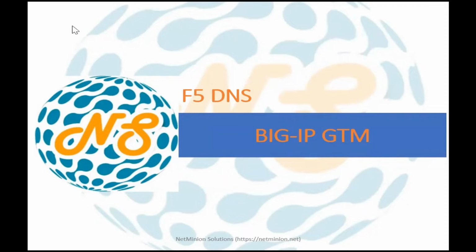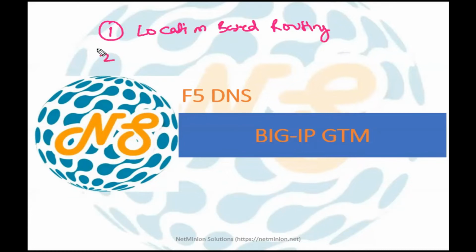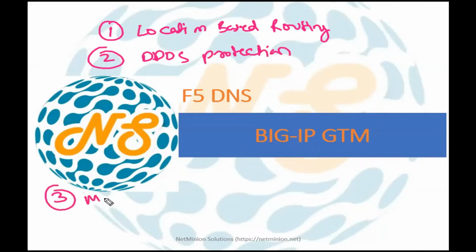So if I say FIDNS, what kind of services does it provide? It provides location-based routing. Do let me know if anybody has any question on this. Second, it can also help with DDoS protection. Then it does active monitoring, or we can say automatic failover.